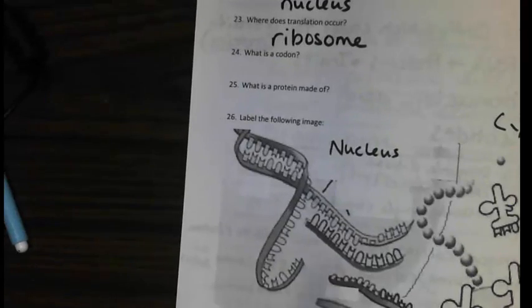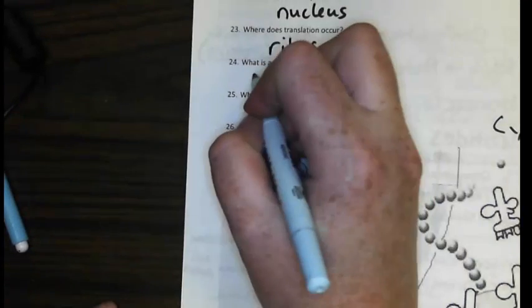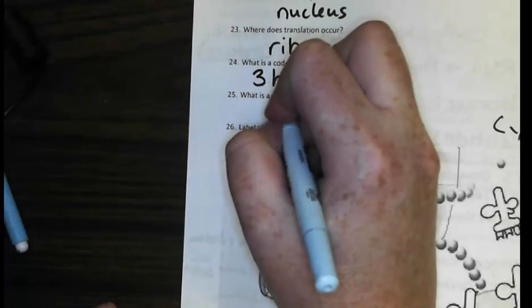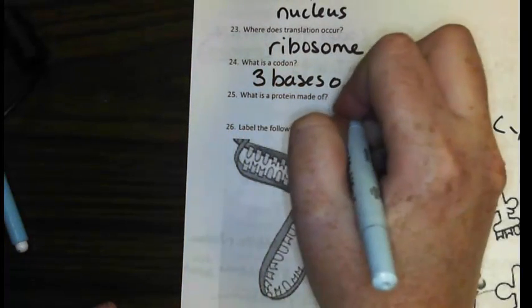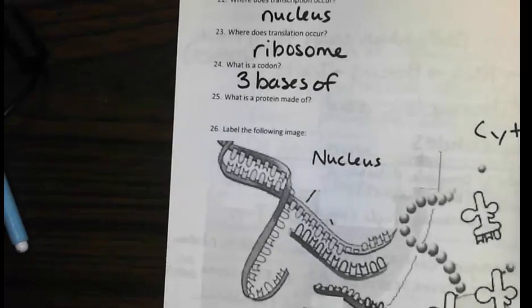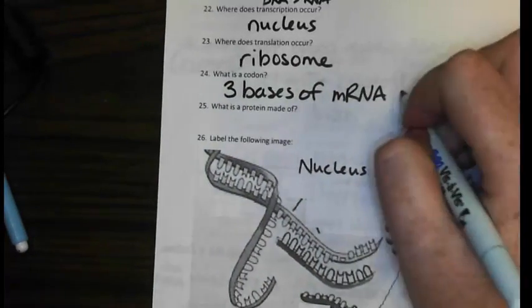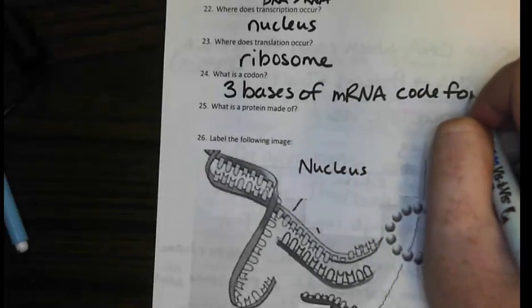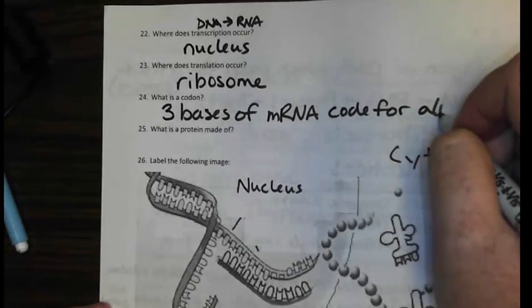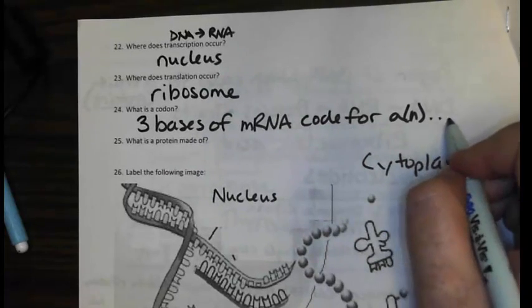What's a codon? We're going to say 3 bases. Where's a codon found? What type of RNA? Messenger RNA. And they code for an amino acid.